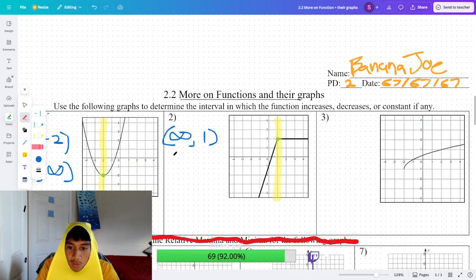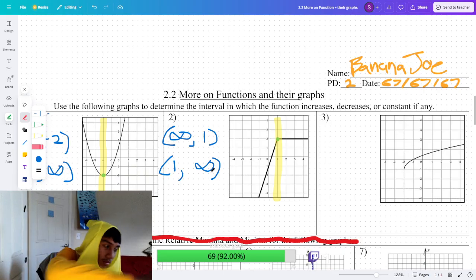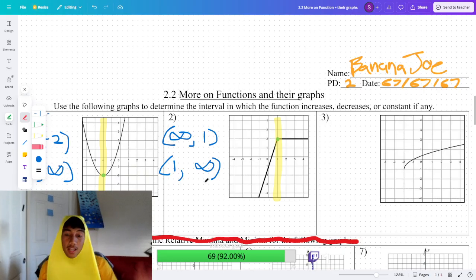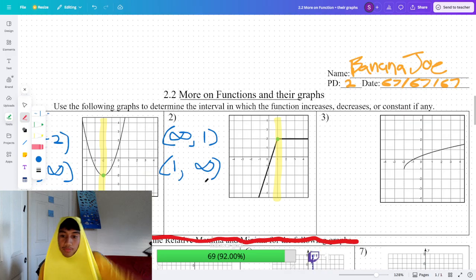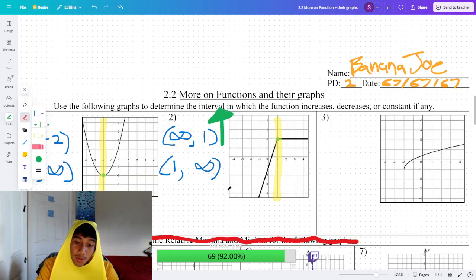Again, we start where we left off at 1, but we actually plot, you guessed it, infinity. It's a constant, but it's constantly going forever. It doesn't have to just increase forever or decrease forever. And now Banana Joe's going to label it, because I keep forgetting. The first side, the left side, has been going up, and the second side has been constant.